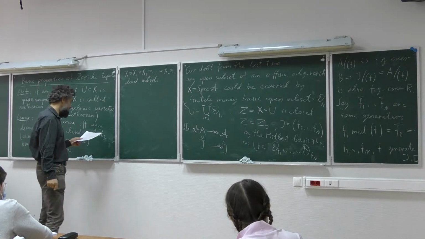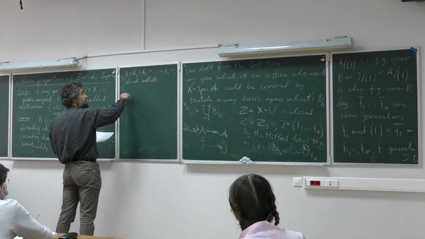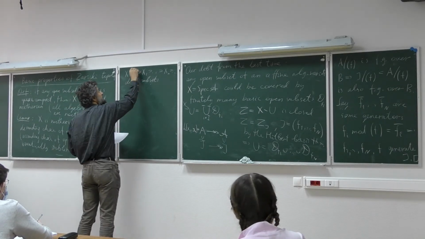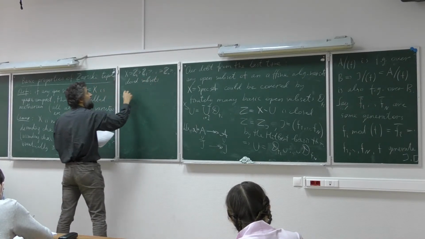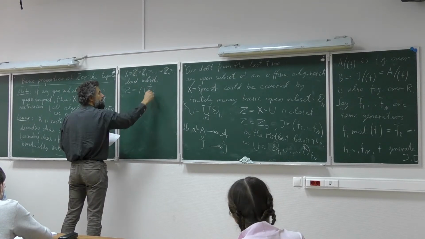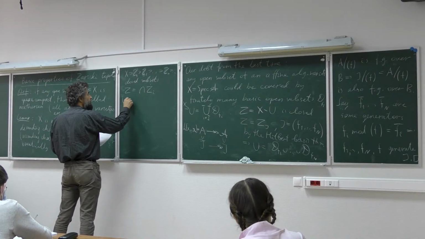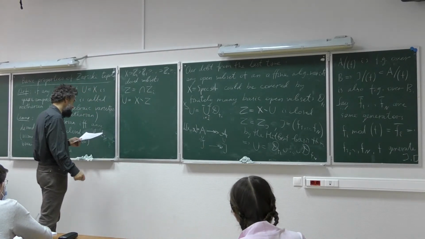And then there is their intersection. Let me call it Z. Z is the intersection of all those Zi's, and it's also closed, so U is the complement, X without Z.